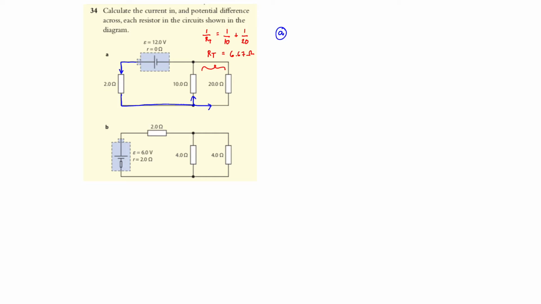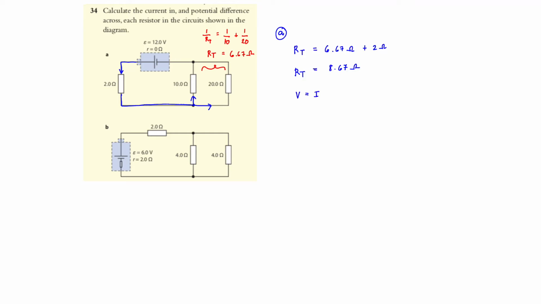Now, how about the total resistance for everything? That is simply 6.67 ohms, which is the total of this, plus another 2 ohms, and the total resistance of the circuit would be 8.67 ohms. After that, we need to solve for the current.